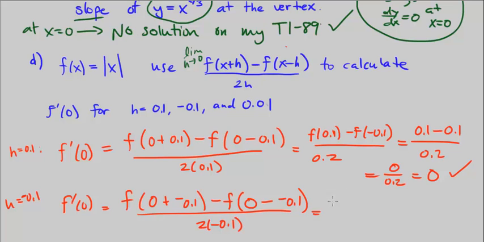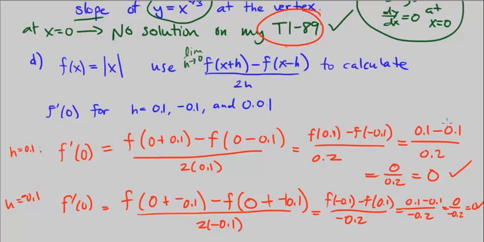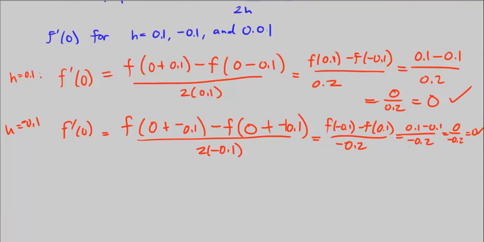Okay, so again, that's the same as f(-0.1) minus f(0.1), over negative 0.2. The absolute value function just keeps these values positive. So again, we have 0 over something, it equals 0. Okay, so you see how if they're using this method to just approximate it, our calculator is smart again. It doesn't really approximate it. It gives us the exact values.